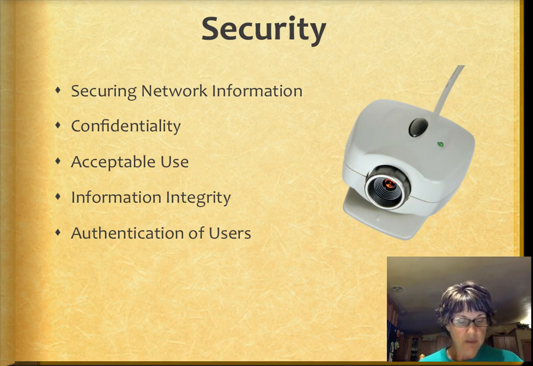Information integrity we just talked about, and now authentication of users, so that employees who are using these different systems have a way by the organization to be authorized. They either have, of course, passwords, or like now at UnityPoint, and I'm sure at OSF in their system, they have ID badges.